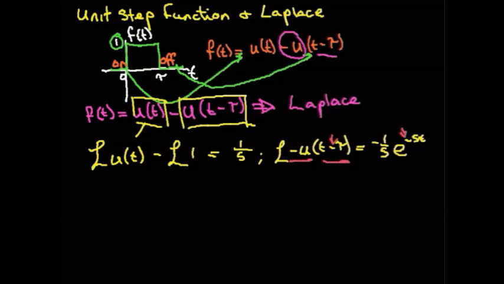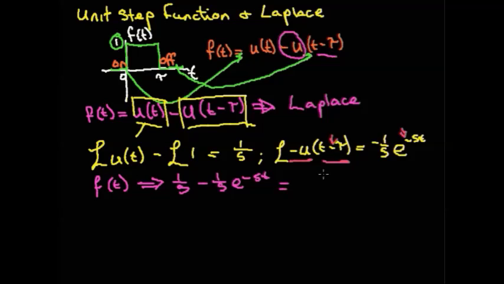So I can now write that down as a Laplace function. So f of t becomes 1 over s minus 1 over s e to the minus s t.